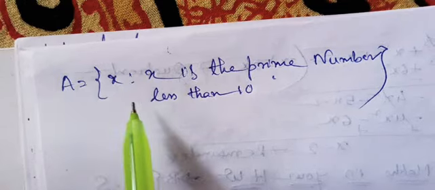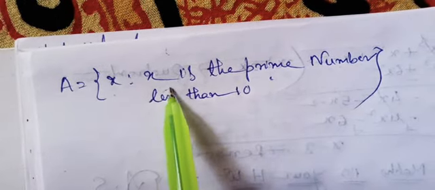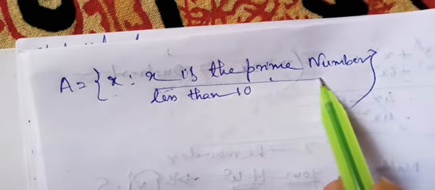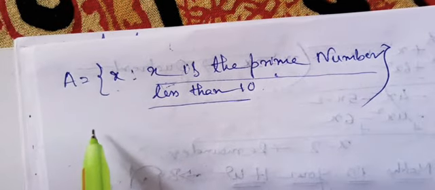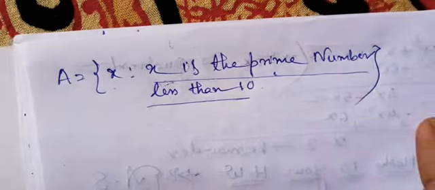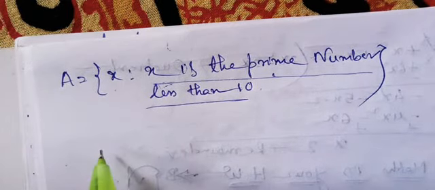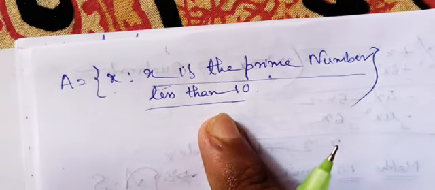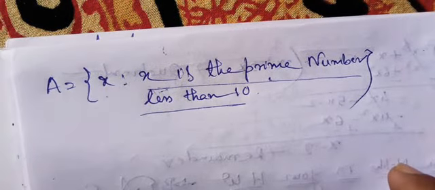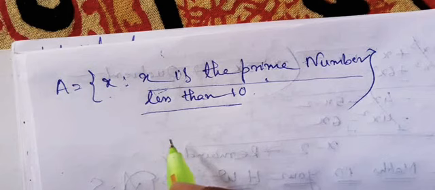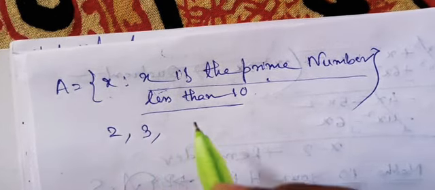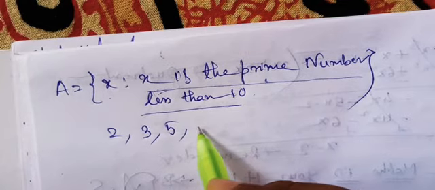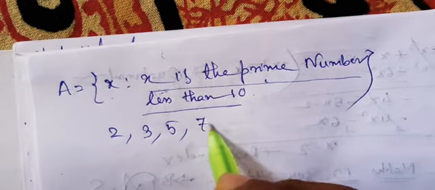We can take the values of x from this statement, that is, we find the prime numbers less than 10. What are the prime numbers less than 10? They are 2, 3, 5 and 7.